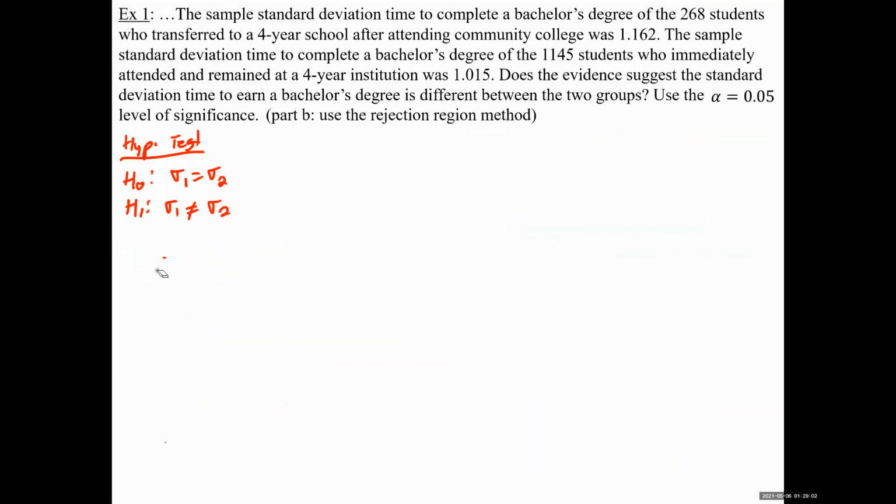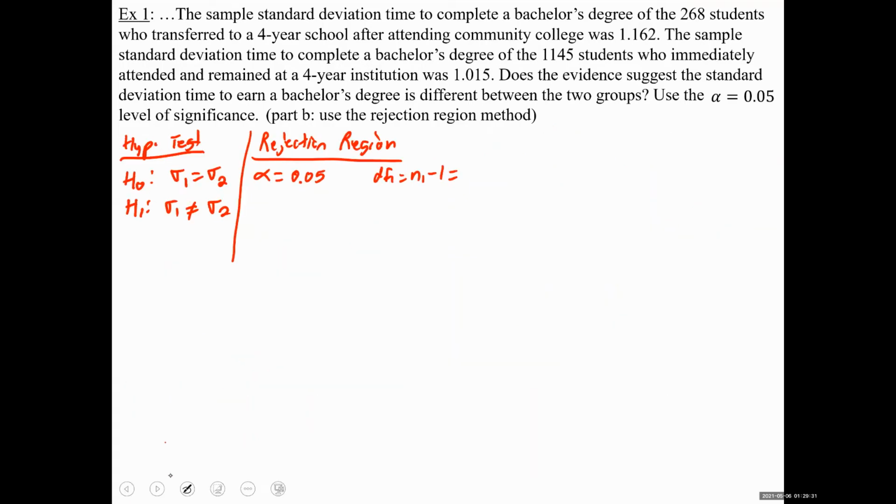So now we'll go on to the next step. It says rejection region method, so rejection region is second. For the rejection region, you're going to write down alpha, which is 0.05. And remember, for a test like this, there's going to be 2 degrees of freedom. df1, which is n1 minus 1. n1 on the previous slide, 268.